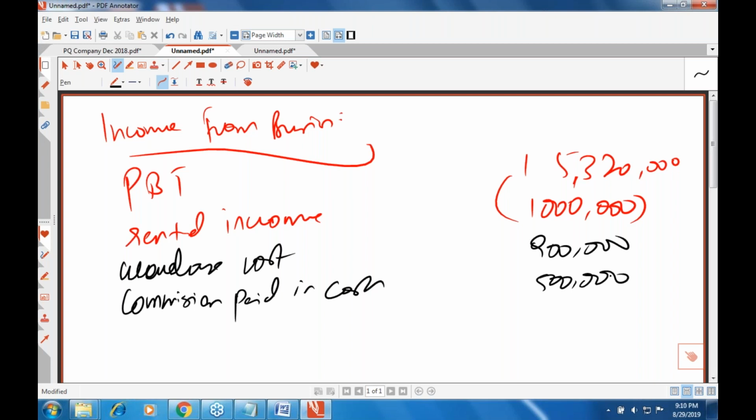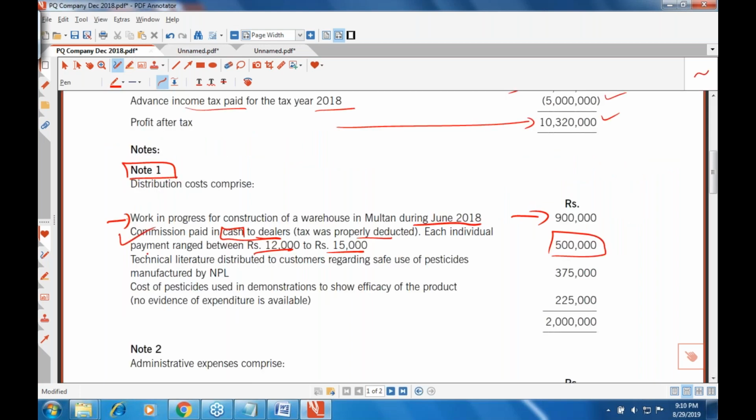What next is there? The next situation says technical literature distributed to customers regarding safe use of pesticides manufactured by NPL. Now what is this technical literature going to do? Is it actually a marketing expense or is it something else?